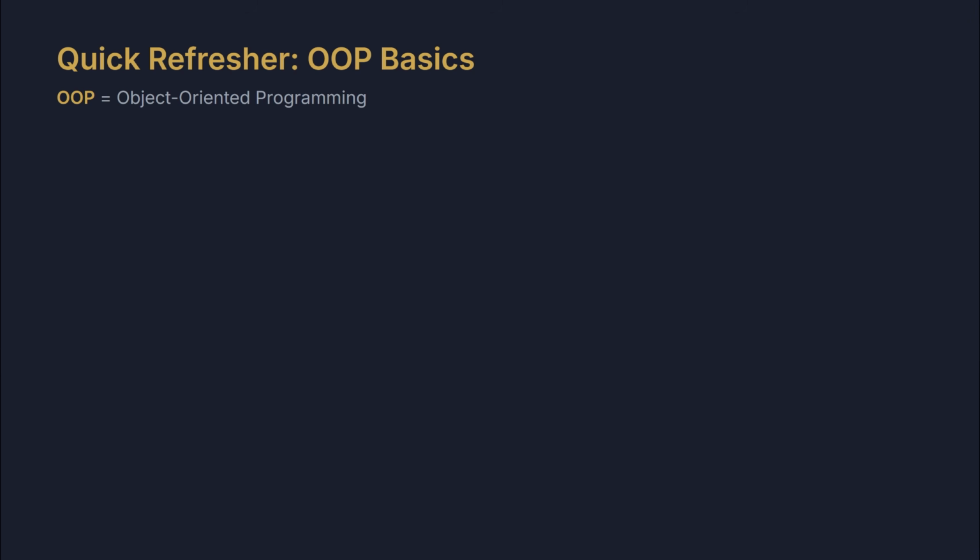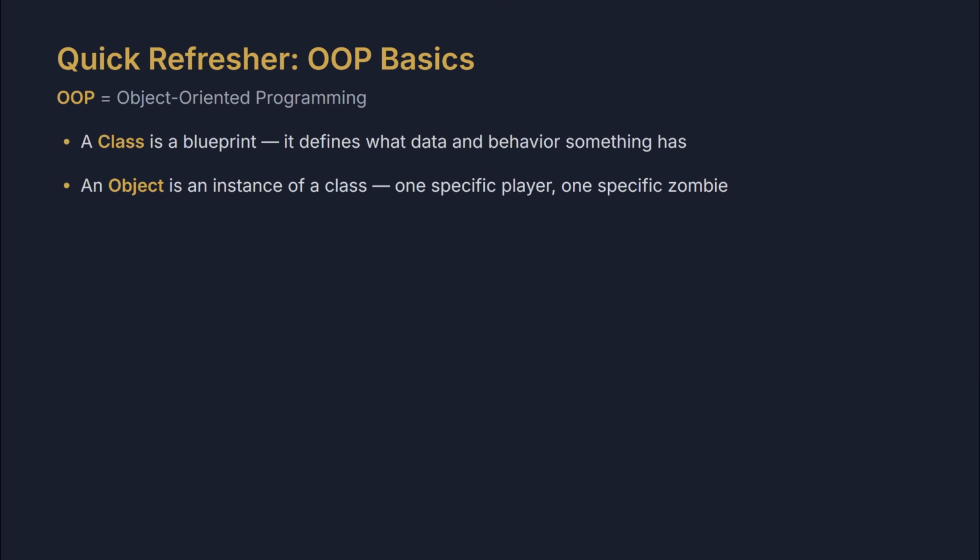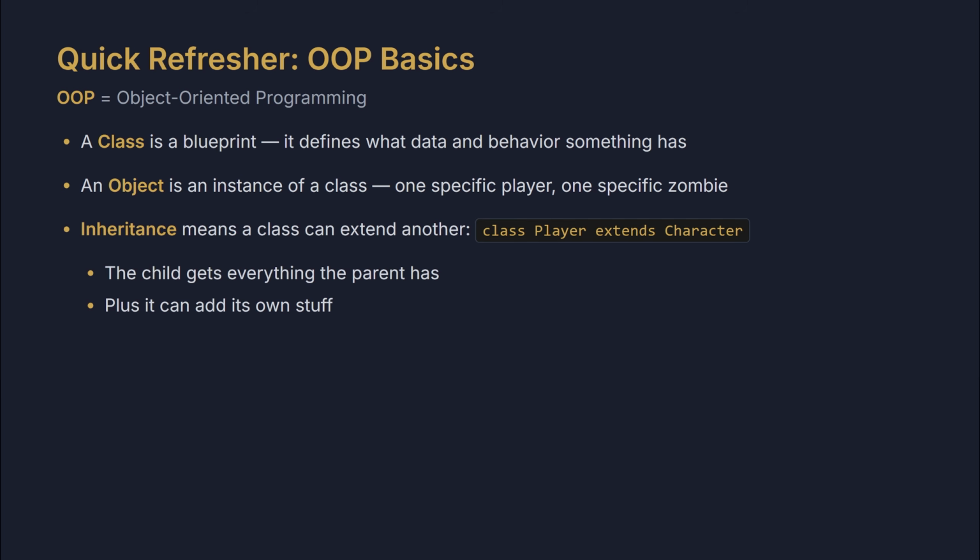So quick refresher for object-oriented programming. We have classes, and classes are blueprints. They define what data and behavior something has. An object is an instance of a class, like one specific player or one specific zombie. Inheritance means a class can extend another. Class player extends character, for example.